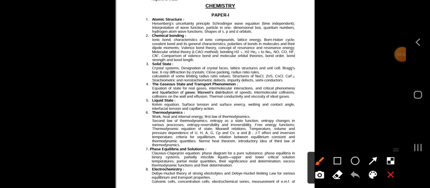Now block 2 will consist of the gaseous state, that is chapter 4, thermodynamics and phase equilibrium. These three chapters are interrelated, so we will prepare them in block 2. After that, there is chapter 8 electrochemistry, then chapter 9 chemical kinetics, photochemistry and surface phenomenon, catalysis.